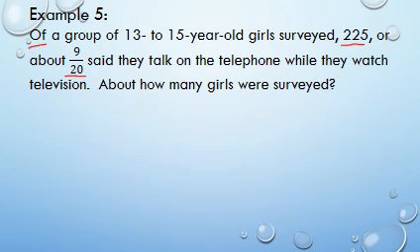Of the girls we surveyed, 225 or about 9/20ths talk on the phone. So 9/20ths of the girls that were surveyed, and remember of means to multiply, and we're going to use a variable for girls surveyed. Let's go ahead and use G, and that equals 225.